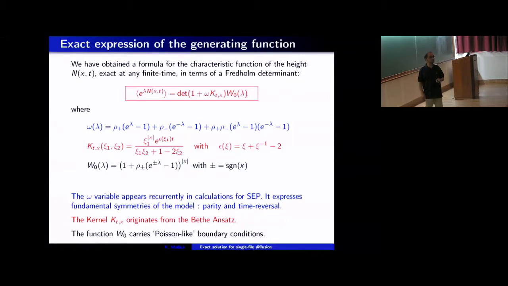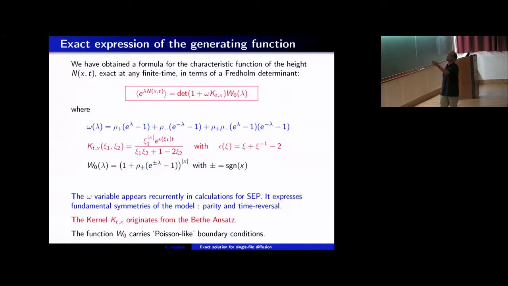So I will just explain in a few minutes what I mean by this Fredholm determinant. But first I explain the terms that enter into the right-hand side. So it's a determinant of a big matrix, in fact of an operator, an infinite matrix. Identity plus omega. Omega is just a parameter in the system which involves this lambda fugacity and the densities on the right and on the left. K, T, and X, if you discretize, you can view it as a big matrix or as an operator.